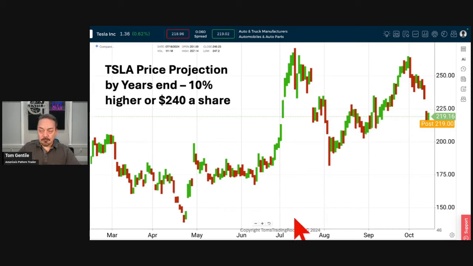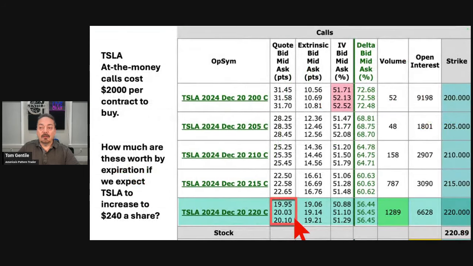And so if you take that 240, 242 price target, and then you look at options on Tesla that end on December 20th. I looked at the December 20th options. The at the money calls cost $20. They're right down the middle. They're $20. So you're talking about $2,000 a contract to buy that Tesla December 20, 2024 220 call.